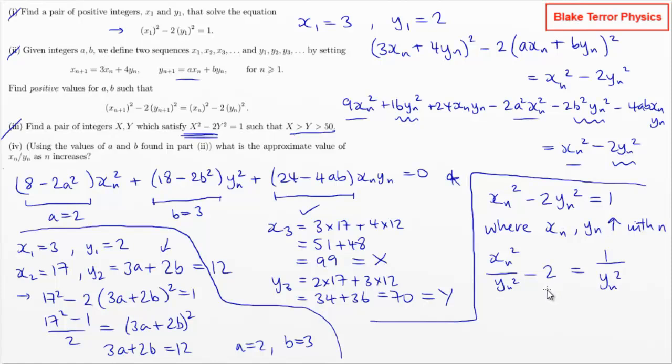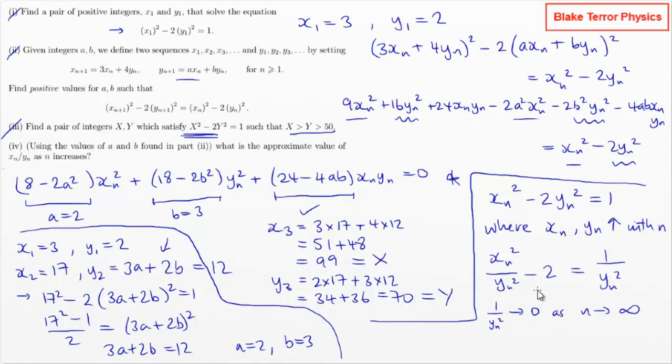Okay. And this term on the right, that's going to tend to 0, isn't it? Because yn is getting bigger and bigger. So 1 over yn squared tends to 0 as n tends to infinity, because yn just keeps on increasing.